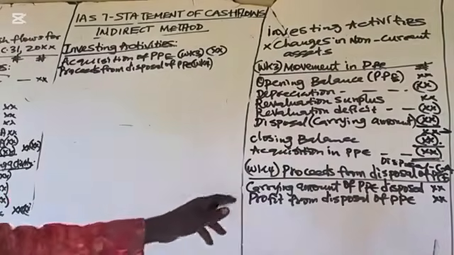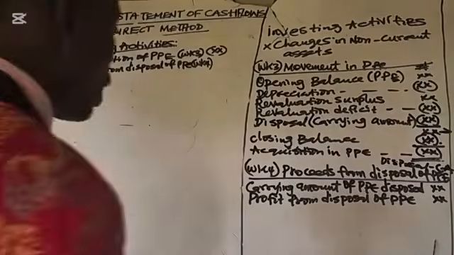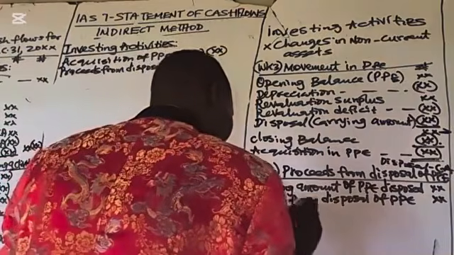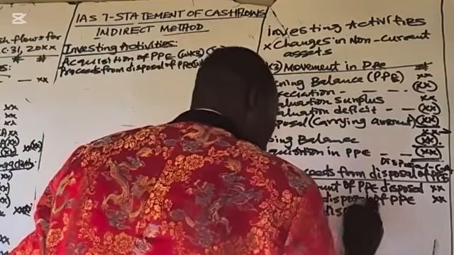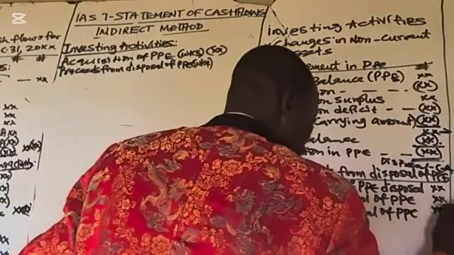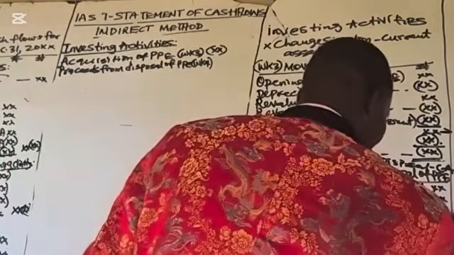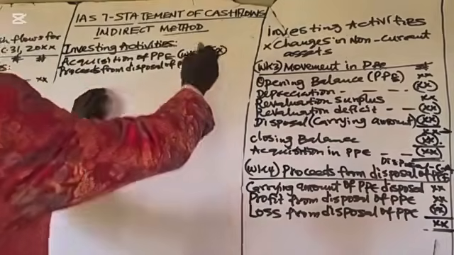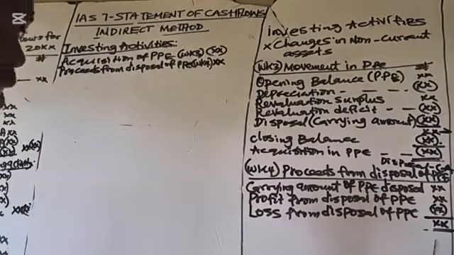The profit may be given on the face of the statement of profit or loss or by way of note. Then you have loss from disposal of PPE. You subtract the loss. After this, you get the proceeds. It is this proceeds that will be recorded as an inflow under investing activities.